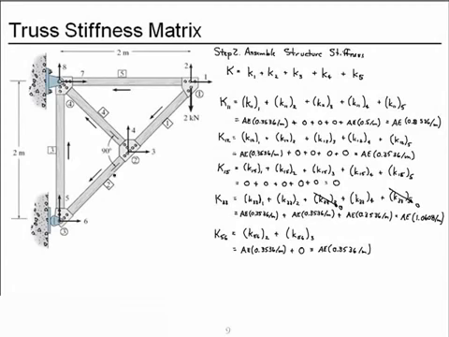For example, members 2, 3, and 4 do not meet where degrees of freedom 1 and 2 are, so none of those members contributed to stiffness coefficient 1,1, or 1,2, or 2,1, or 2,2. We also observed that if no member connects to degrees of freedom, and those degrees of freedom are not at the same node, for example, degrees of freedom 1 and 5, then the structure stiffness is 0.